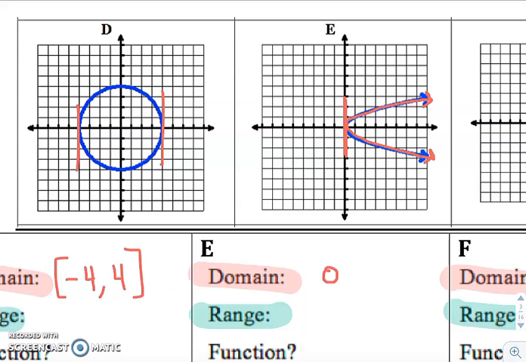It continues to the right, and those arrows indicate that it's going off the graph towards positive infinity. Infinities always get parentheses. And where it starts, right in the center there, that x value is 0, and we are going to include it.